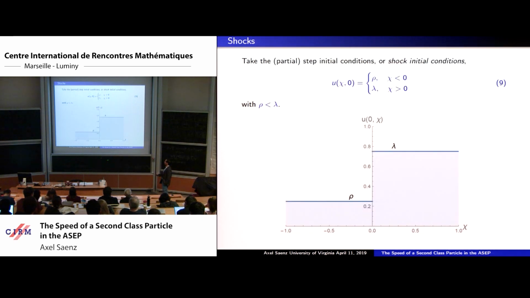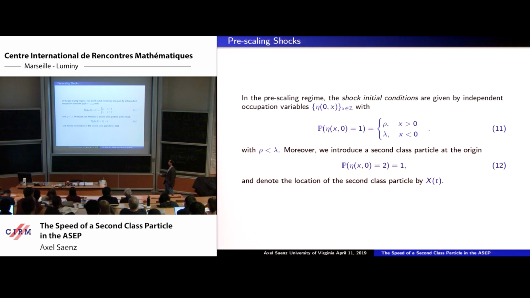So with probability rho, there's going to be a particle there. And then on the right, actually I have them backwards. That's a typo, so turn your head the other way. Lambda on the right is going to be the density of the particles. So with that probability on each side, independently, there's going to be a particle.